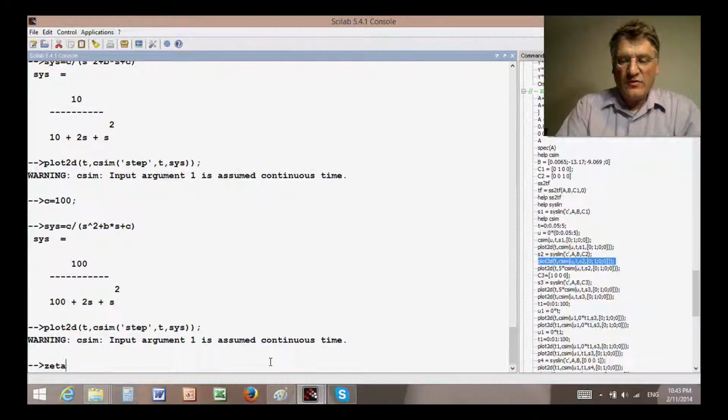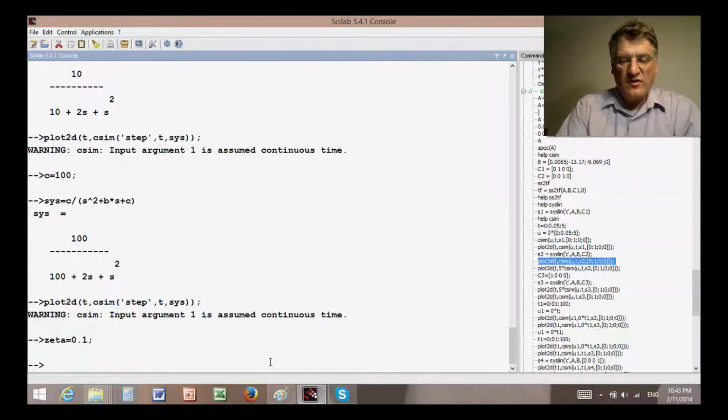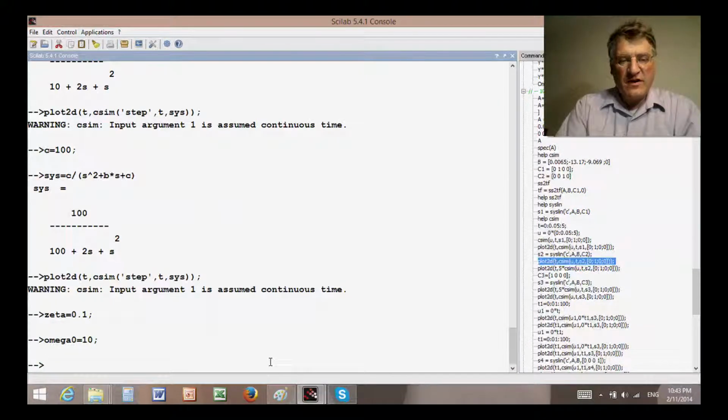zeta, which I would say, for example, is equal to 0.1, and omega 0 is equal to 10. I will then define my system as omega 0.